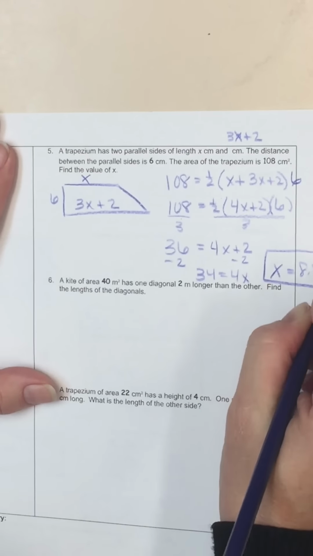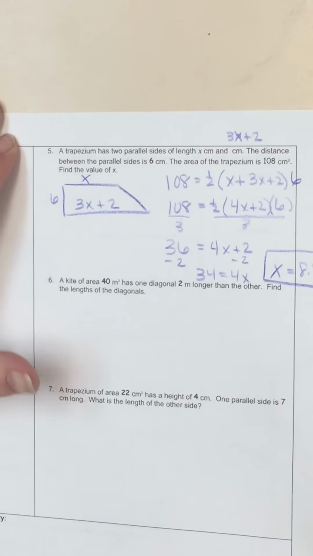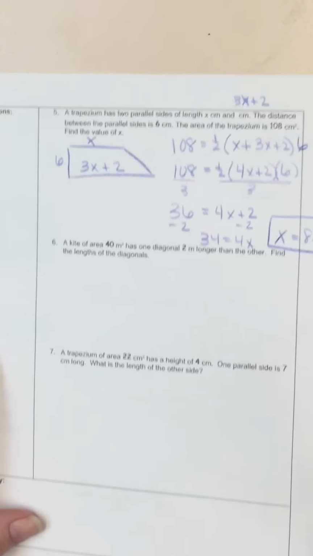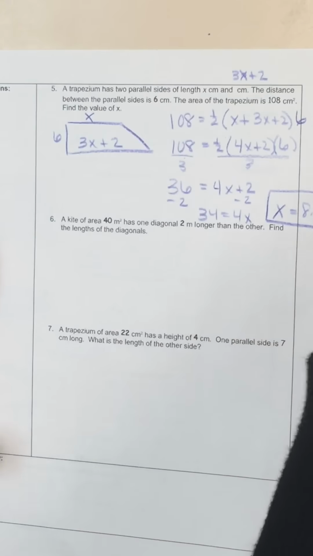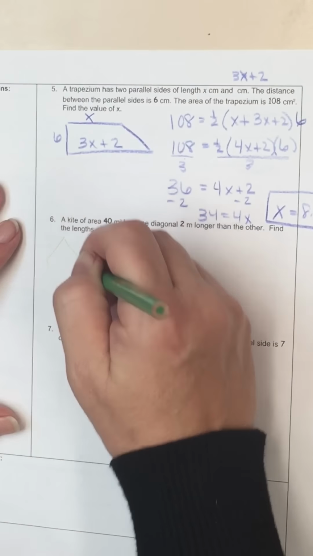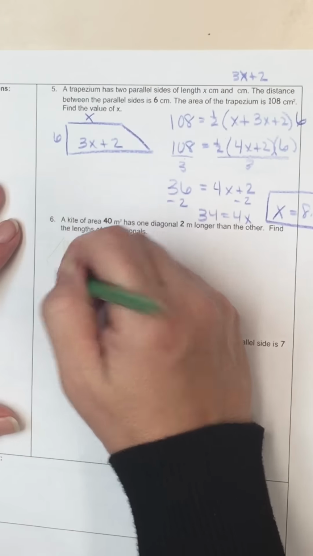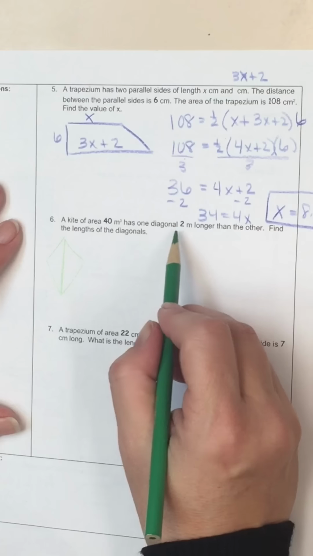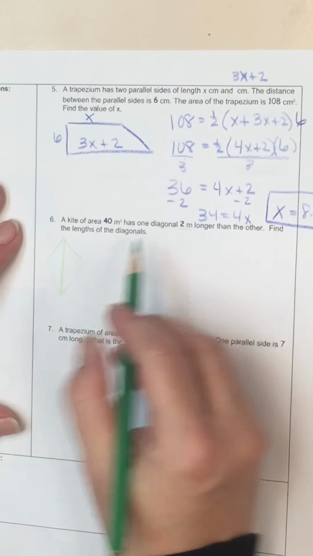Notice that this one's not squared because that is a measurement of a side. Now I have a kite where one side is 2 longer than the other.